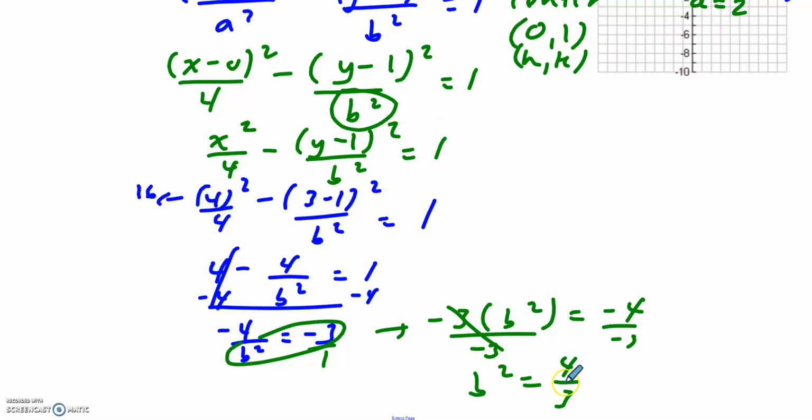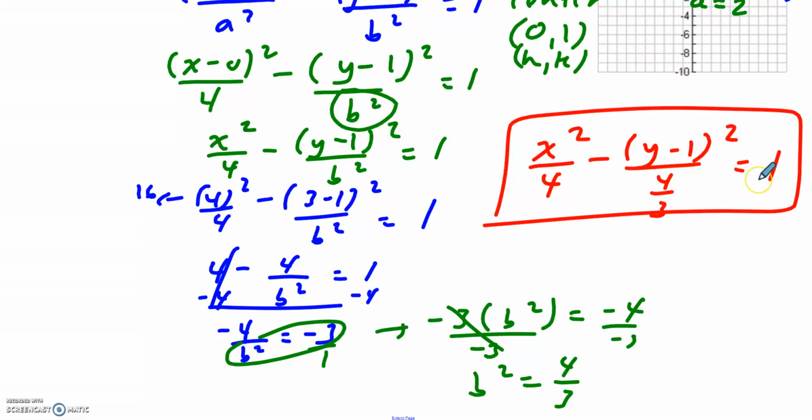We found that b squared was 4/3. So here would be my final answer for this problem. We had x minus 0 squared over 4. So the first part is x squared over 4 minus y minus 1 squared over b squared, now which is 4/3, equals 1.